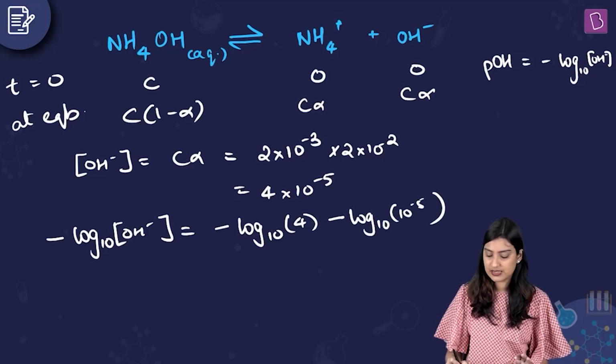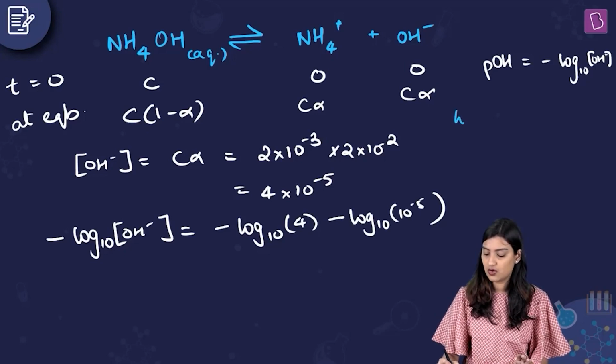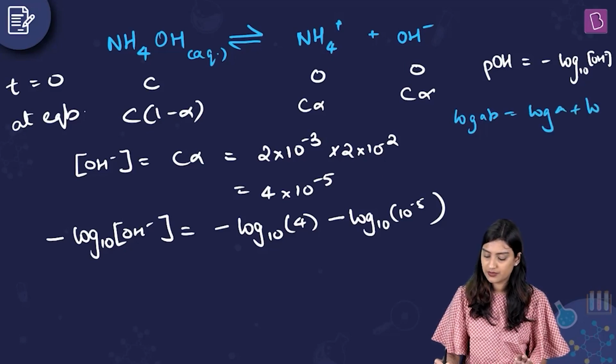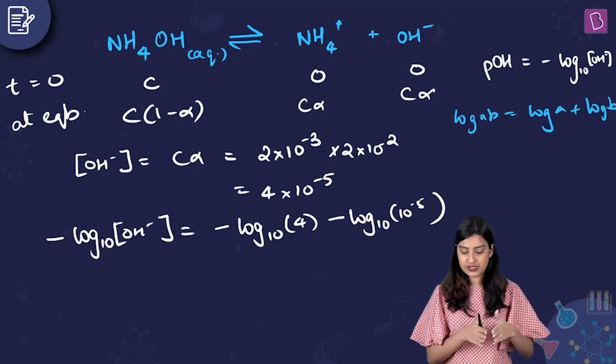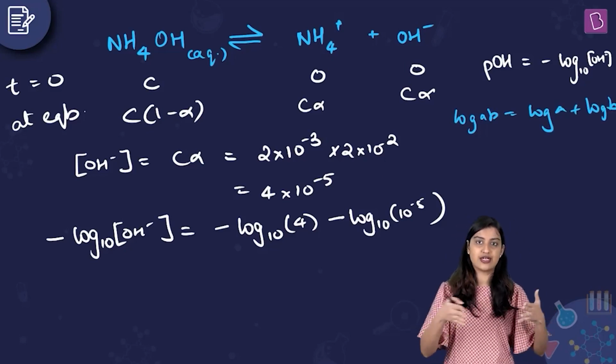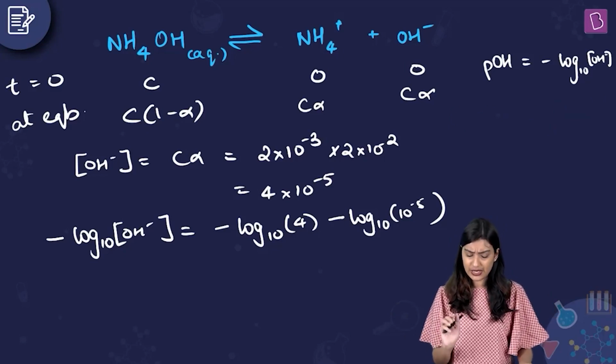What did I use? Basically I used log of AB is equal to log A plus log B. This is what I have used. And then I've of course just used the distributive property and spread out the minus across the entire thing.